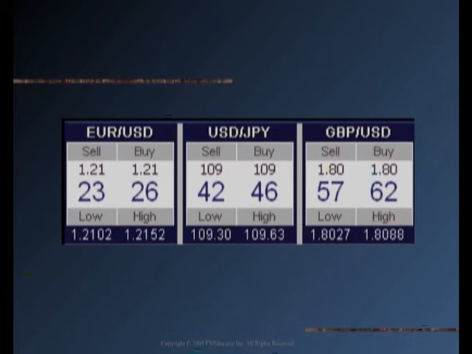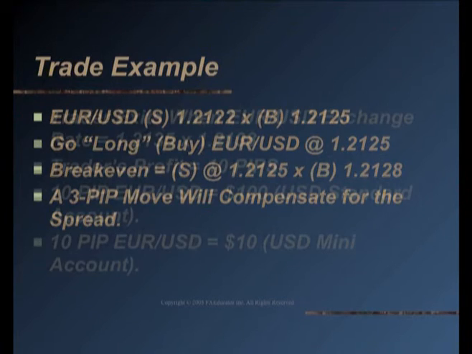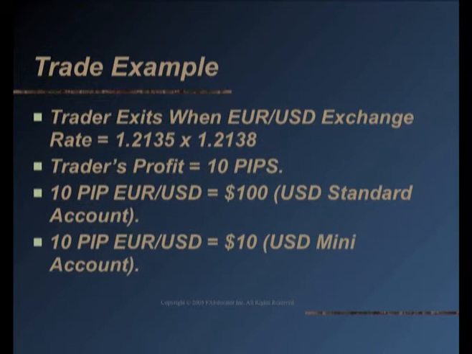Let's take a look at an example of how this might work in a real trade. For example, let's assume that the Euro USD has a current sell price of 1.2122 and a current buy price of 1.2125. Let's go long the currency pair. In other words, buy the currency pair Euro US dollar, and we pay 1.2125.